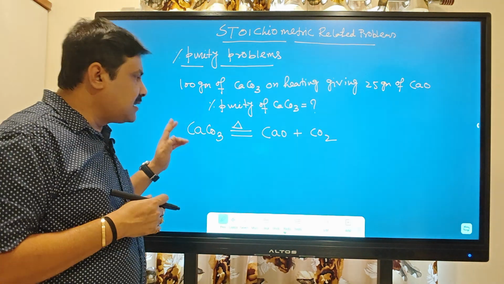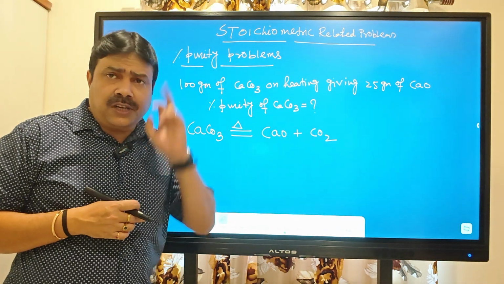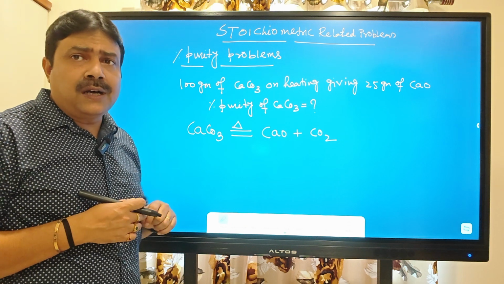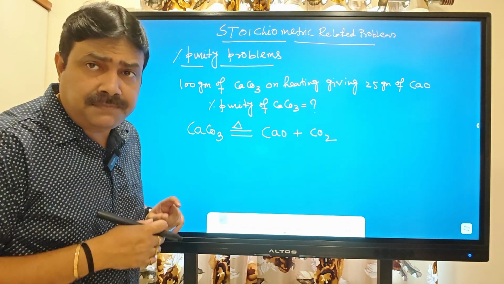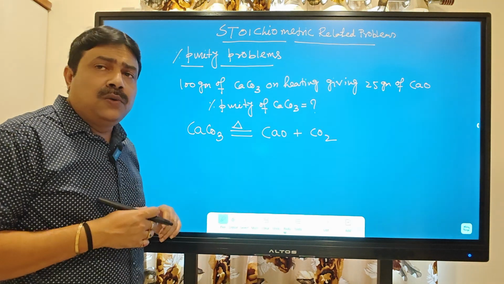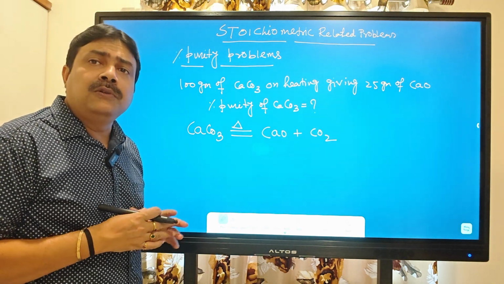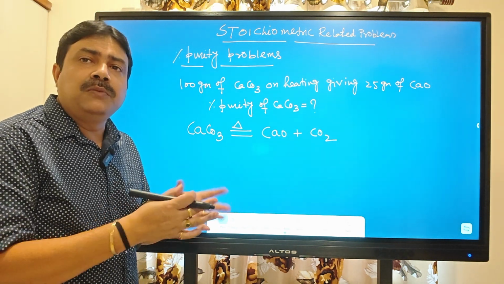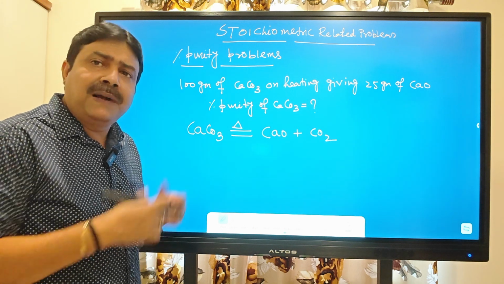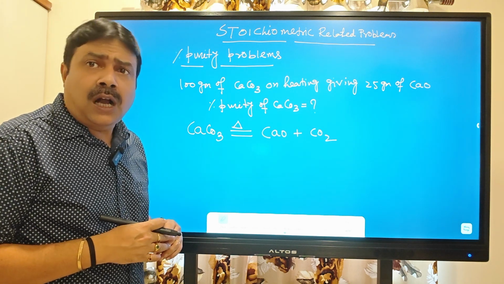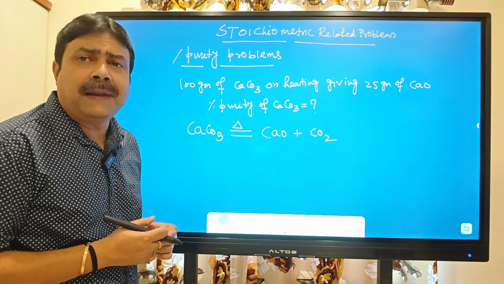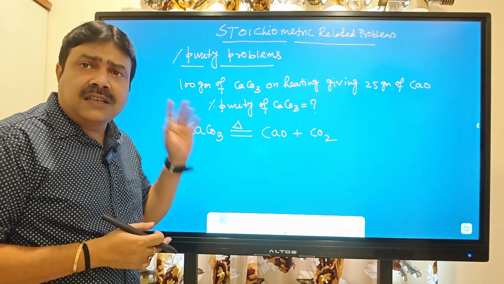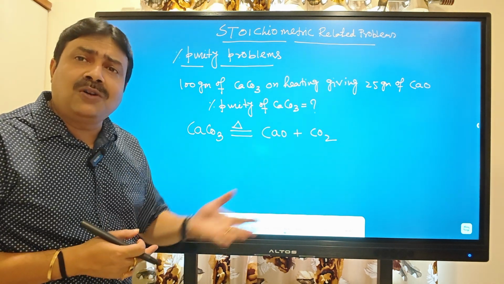That is why I told you, whenever a stoichiometry-related problem comes, your first job is compulsorily to write the balanced chemical equation. Then only we will know how many moles of reactant give how many moles of product, and by default how much amount of reactant gives how much amount of product, because yesterday we discussed moles as the amount of substance.